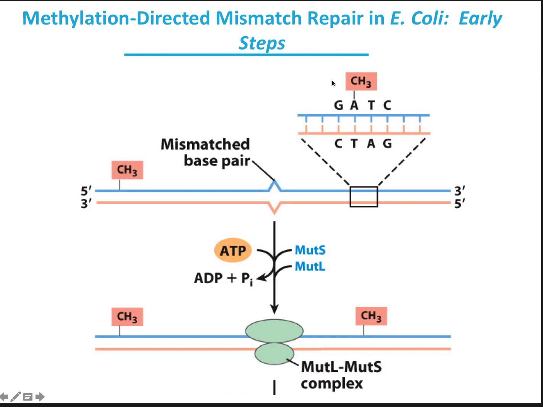And again, the blue parental strand is methylated and the daughter strand is not. So at the site of the mismatched base pair, the MutL, MutS complex forms. And this binding is facilitated or accompanied by ATP hydrolysis.